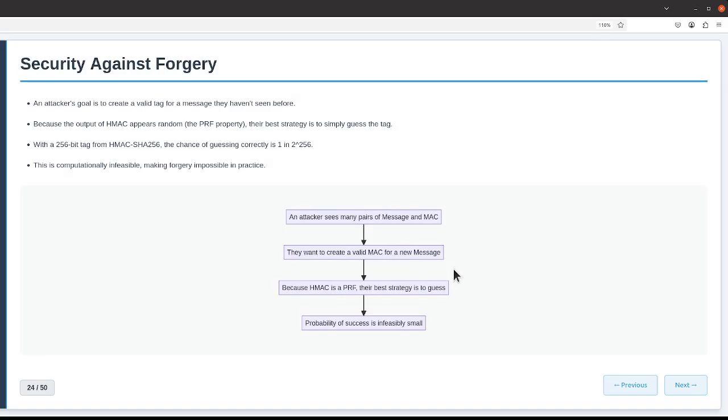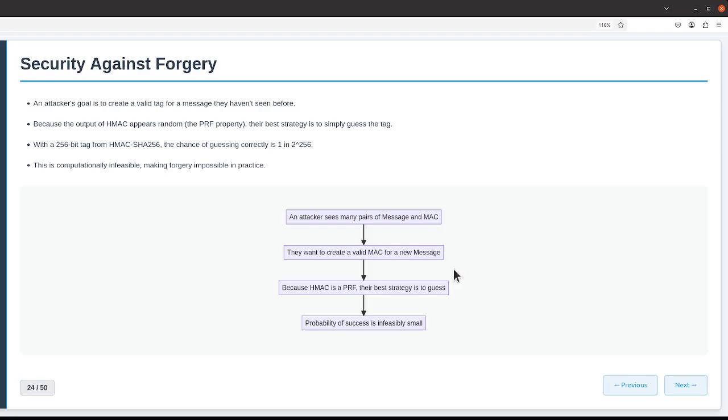Security against forgery. Let's be more specific about what secure against forgery means. A MAC algorithm is secure if an attacker, even after observing a large number of messages and their corresponding valid MAC tags, cannot produce a new, valid message-MAC pair for a message they have not seen before. Because HMAC is a PRF, its output looks random.